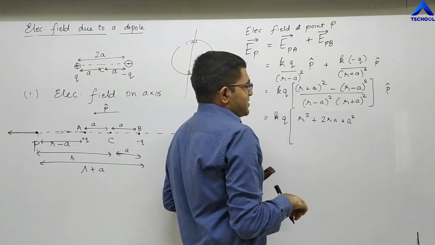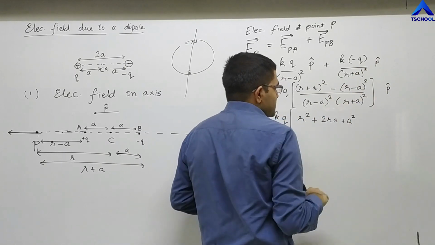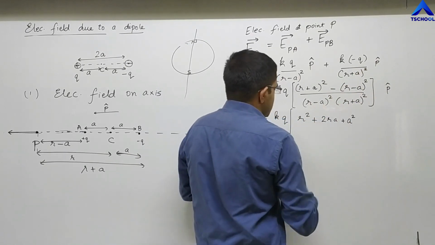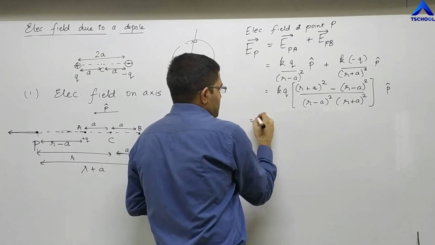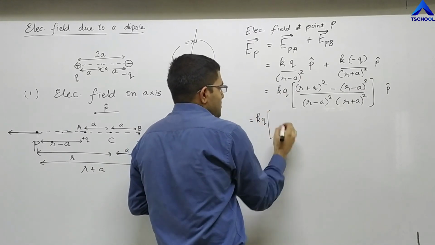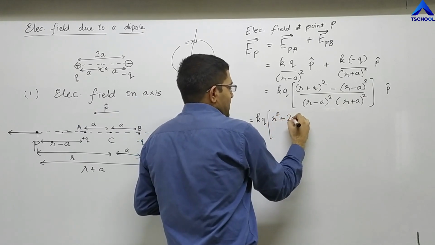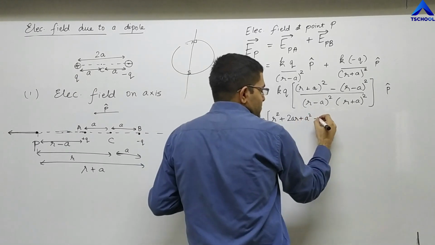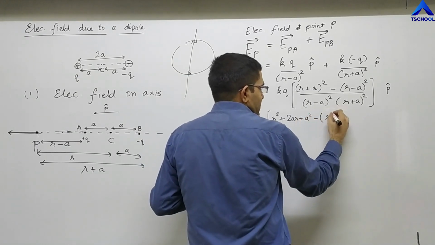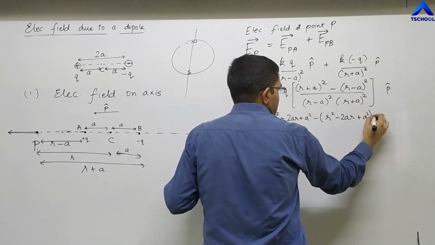And from the second bracket, I'm a little bit short of space over here, so I'll just erase it and write it again so that nobody has a problem reading it. It's kq times r square plus 2ar plus a square, again the first bracket. Now the second one, minus r square minus 2ar plus a square.